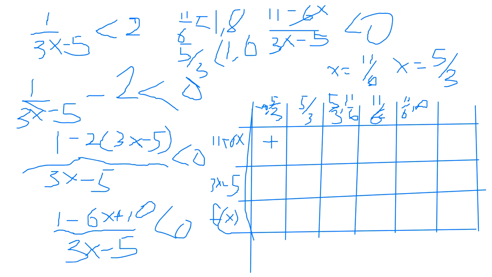So positive divided by negative will give me negative. Good. Then 5 over 3: if I put 5 over 3 in place of x in 11 minus 6x, what will I get? Negative. Now 3x minus 5, if I replace x with 5 over 3, what will I get?